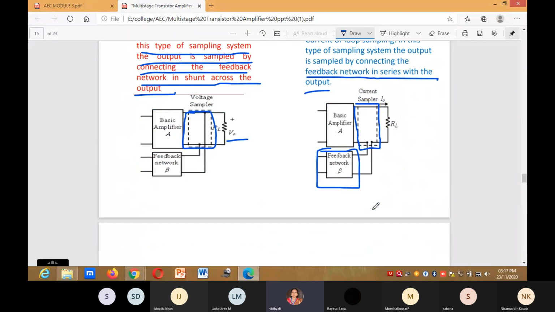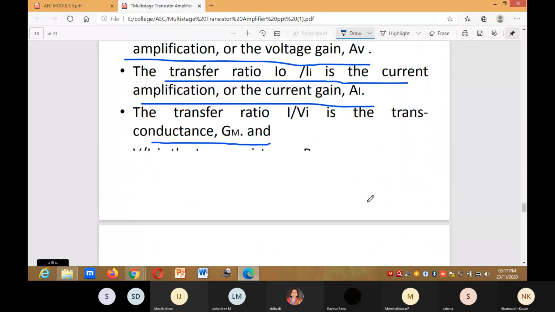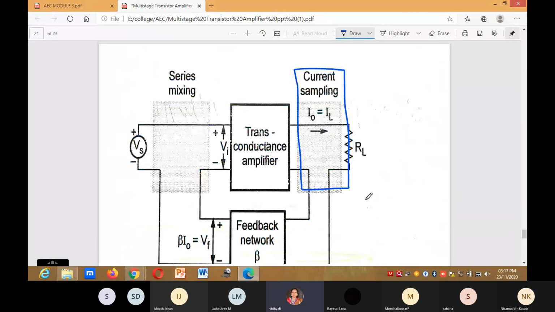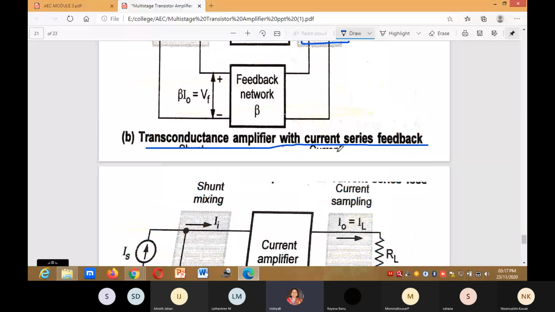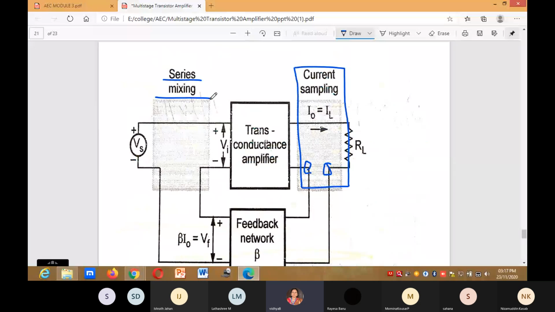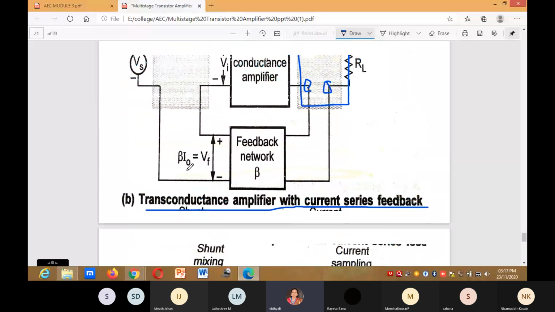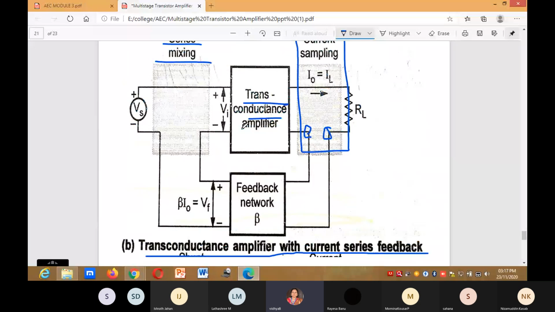In the current sampler, on the output side, you can observe these two points are connected in series. This is a current. What about the input? Here it is series mixing. Here we use transconductance. So, the transconductance amplifier with current series feedback.